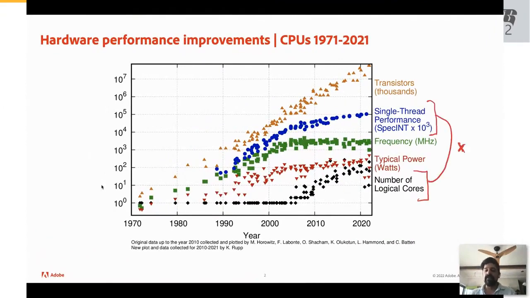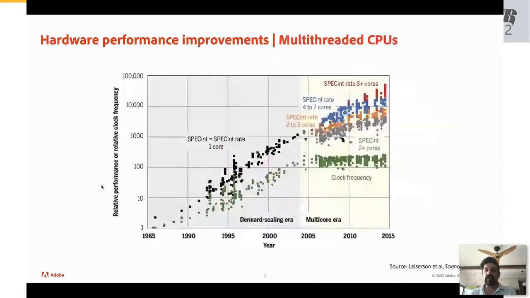So really, the performance that you can obtain is the multiplication of these two, which is maybe better charted on a chart like this, which is from Liserson. And so here we're just looking at SPECint, which is, admittedly, a really artificial benchmark, and the performance thereof. And if you follow the curve here, you can see that we, for the most part, have been able to continue scaling hardware performance by taking advantage of multi-threaded CPUs.